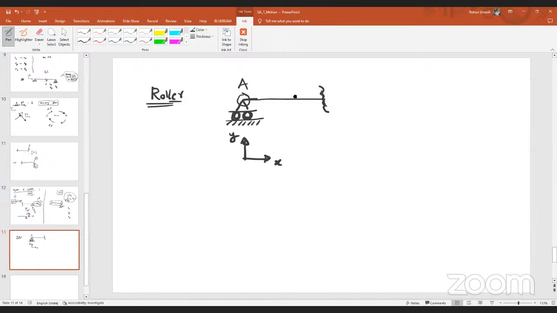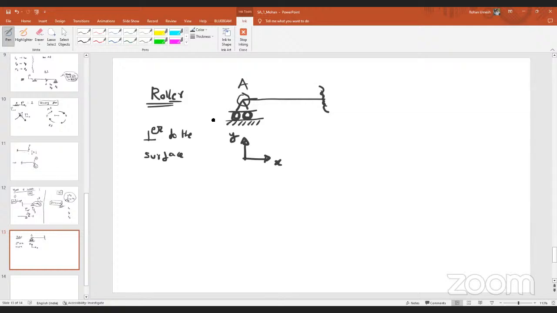What about Y? Roller support means it will always resist the displacement perpendicular to the surface. So the roller support will not allow any translation or displacement perpendicular to the surface of the support.